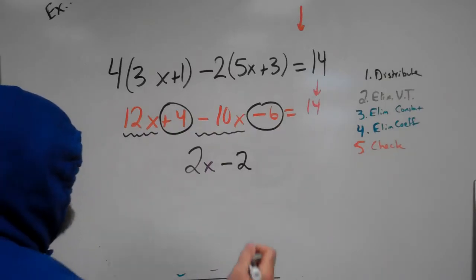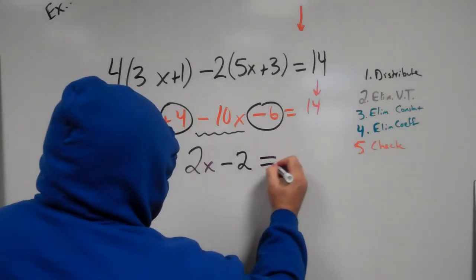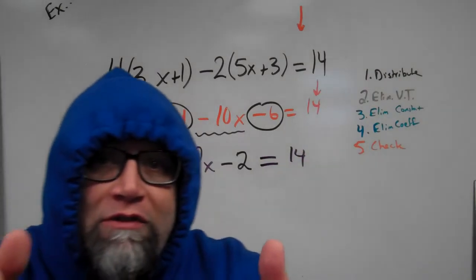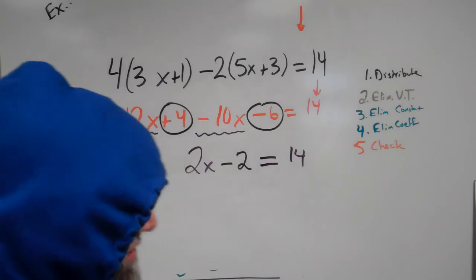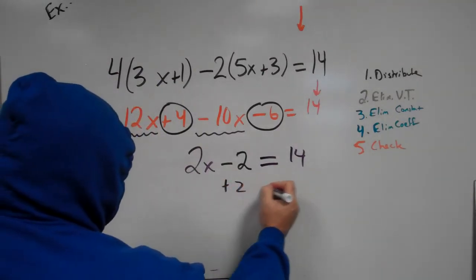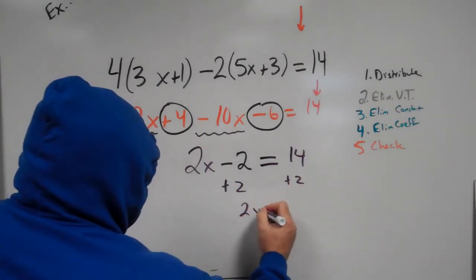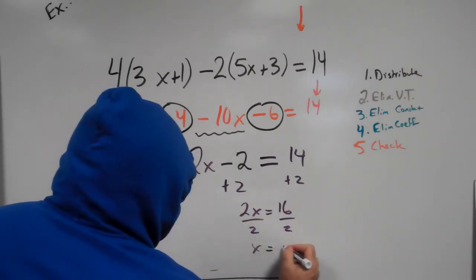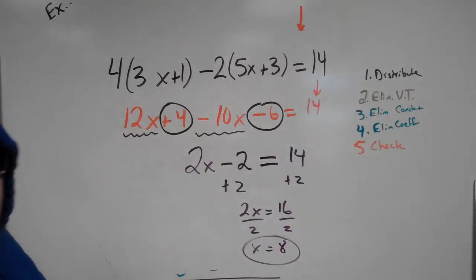And here's our equal sign just traveling down, and our 14 coming along with it. And now we've got a two-step, we're right back in home base. Add 2 to both sides. 2x equals 16. Divide both sides by 2. X equals 8. And we're good to go.